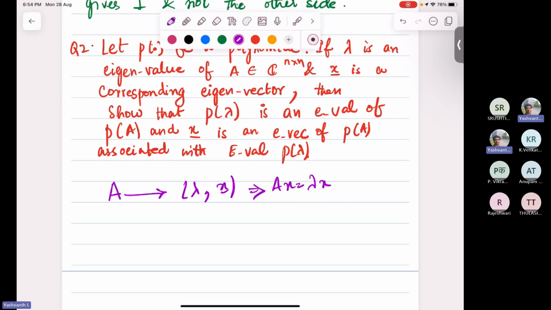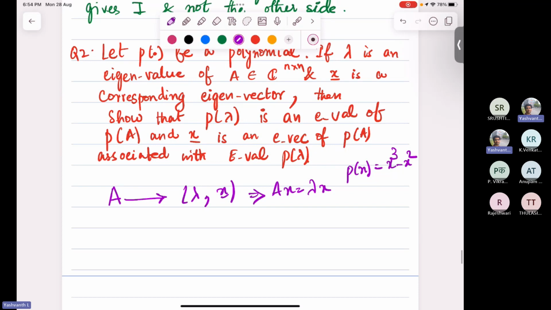Now let's say P of x is equal to x square, or maybe x cube minus x square. It's a polynomial in x. What I'm asking you to show is that P of lambda is an eigenvalue of P of A. That is, if I compute A cube minus A square, that is, evaluate the polynomial when x is equal to the matrix itself.